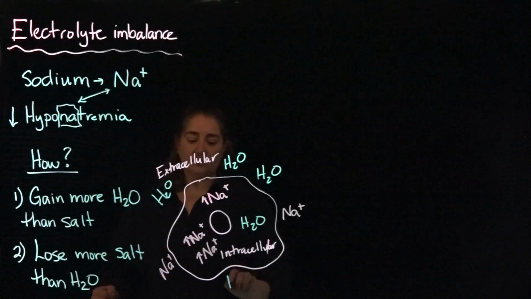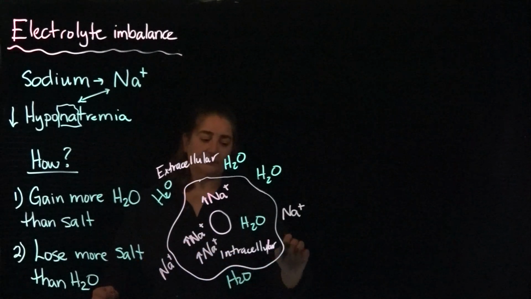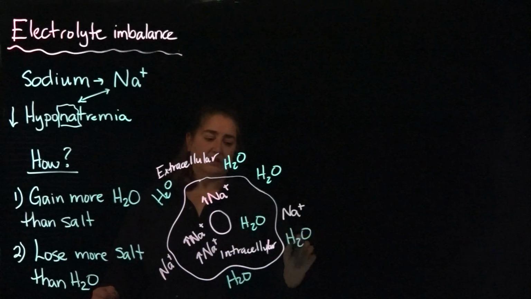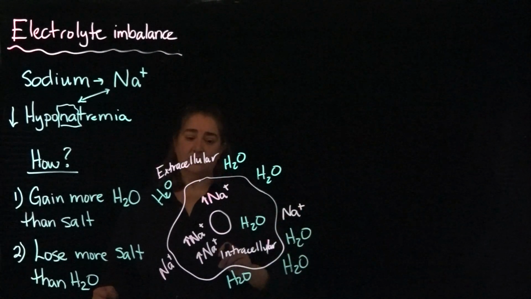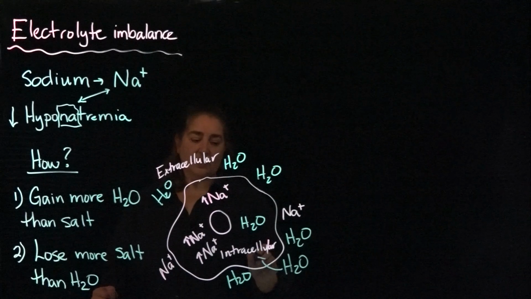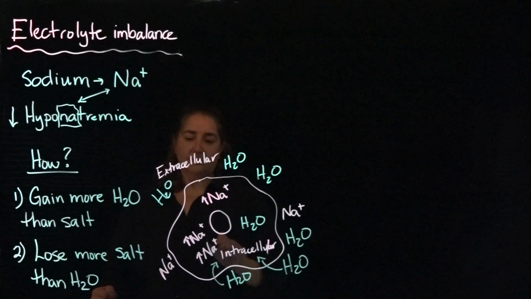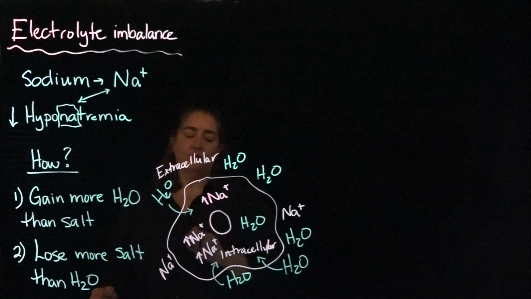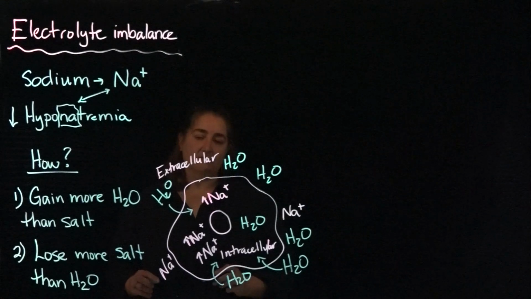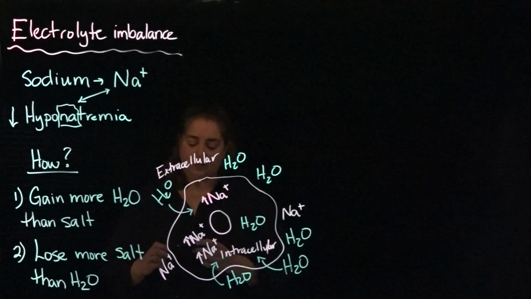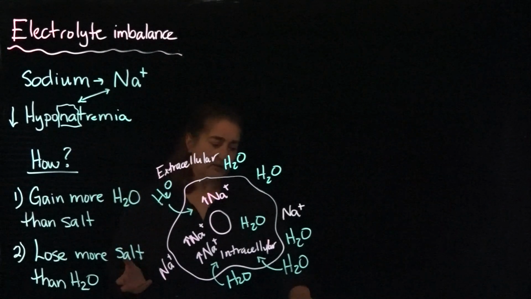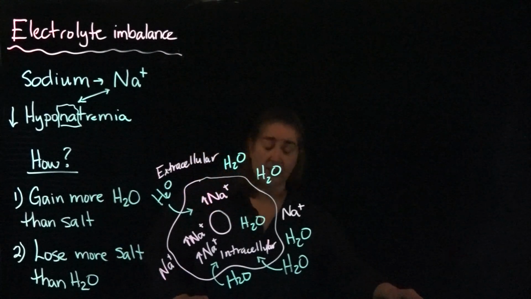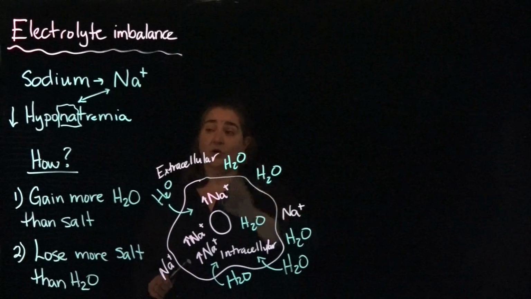Really, primarily what we're talking about is you've got more water outside of the cell that's essentially diluting that sodium. So the water is going to want to move inside of the cell, and that's going to cause swelling. Extracellularly, there are some places within the body that will absorb excess water.